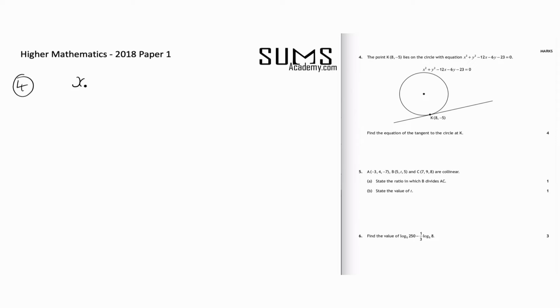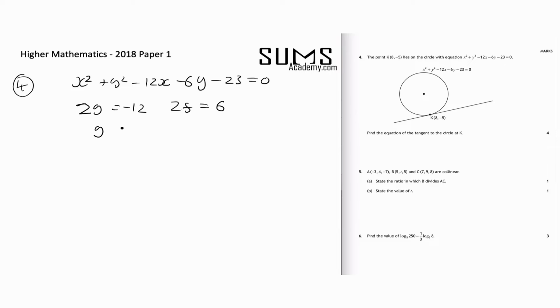So first write out the expression of x squared plus y squared minus 12x minus 6y minus 23 equals 0. So we know that 2g equals minus 12, and we know that 2f equals minus 6.